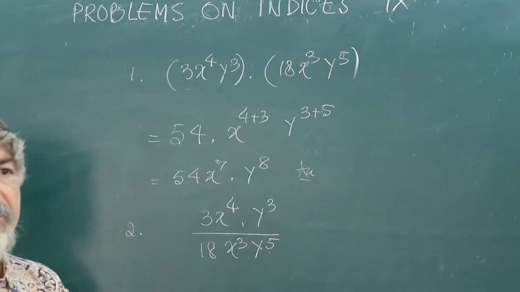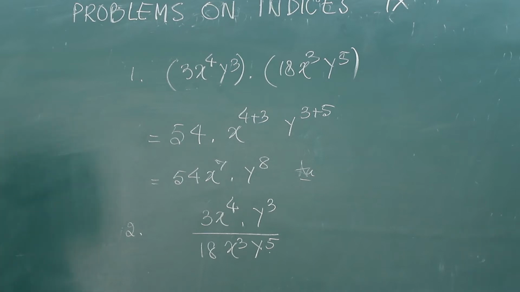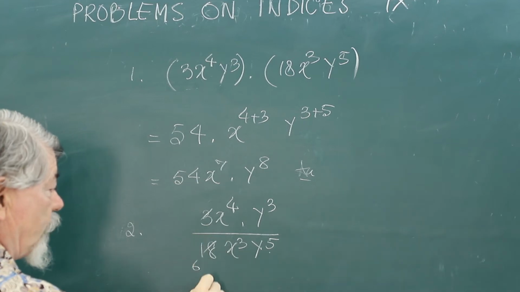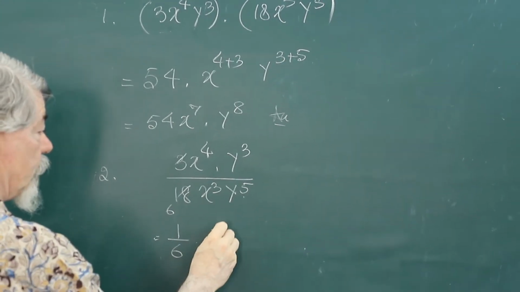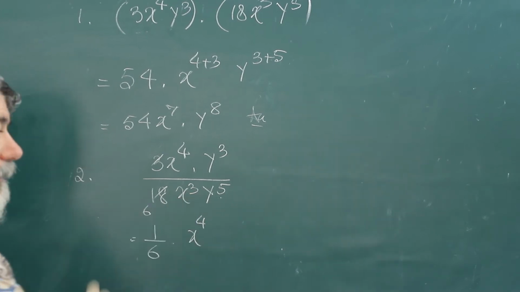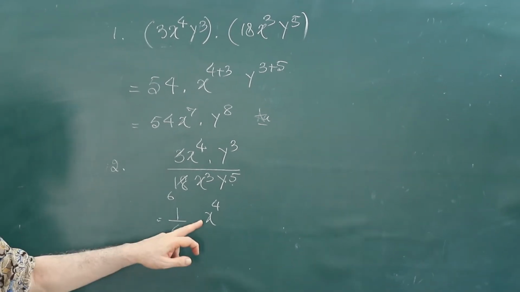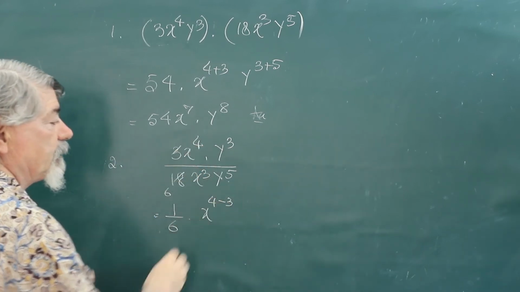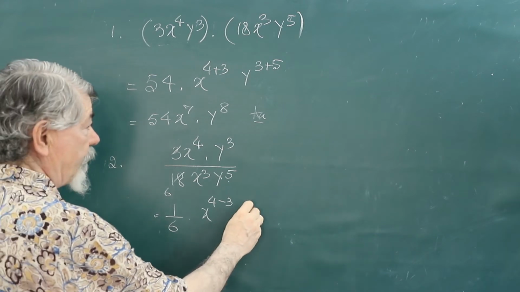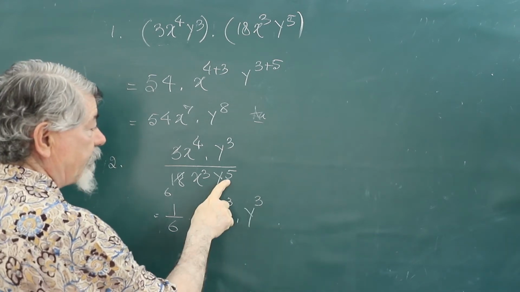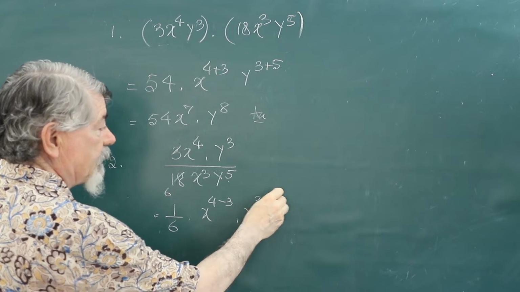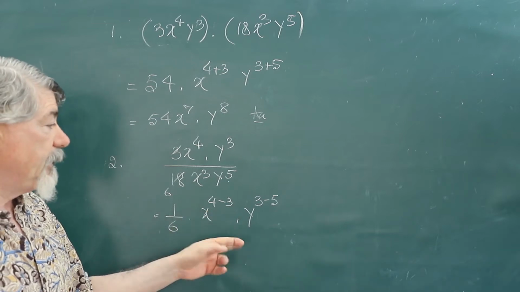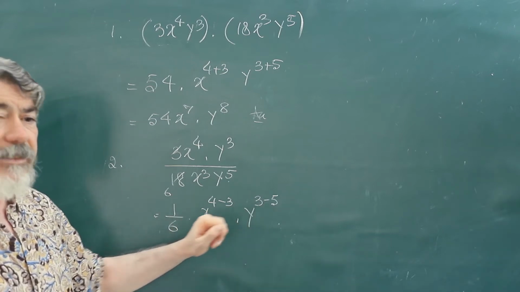So we will be applying the quotient law here. 3 will cancel with 18, so 1 upon 6. x has got power 4 in the numerator and x has got power 3 in the denominator. So from the denominator the power will go up. It will become 4 minus 3. And y has got power 3 in the numerator and 5 in the denominator. It will become 3 minus 5.